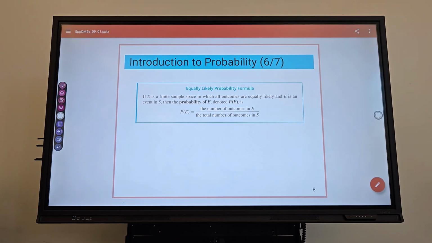So the equally likely probability formula: if S is a finite sample space in which all outcomes are equally likely, and E is an event in S, then the probability of E, denoted P(E), is equal to the number of outcomes in E to the total number of possible outcomes in S.